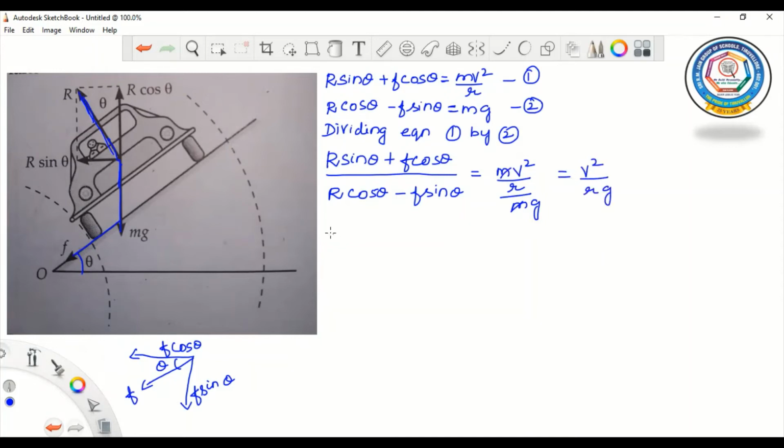Now let us divide the numerator and denominator of the left hand side by R cos theta. What will you get, children?